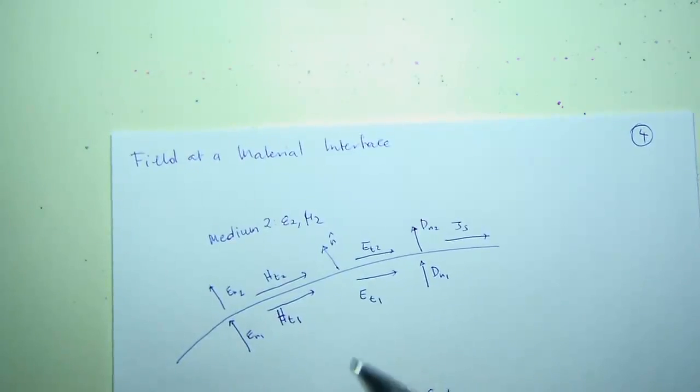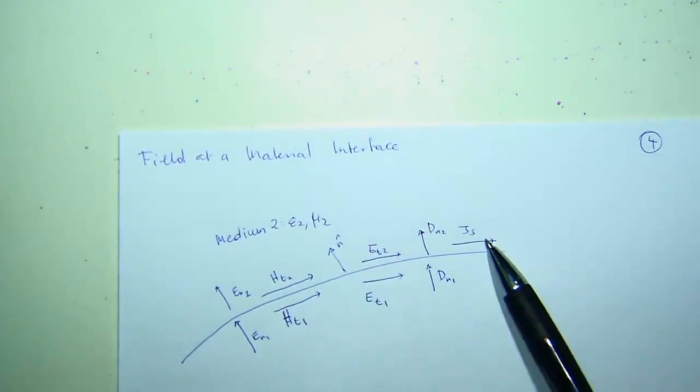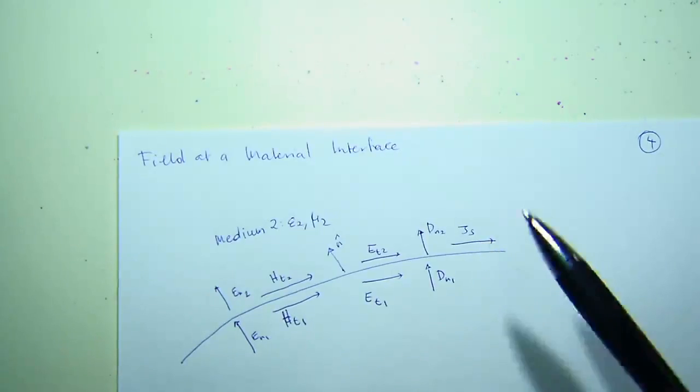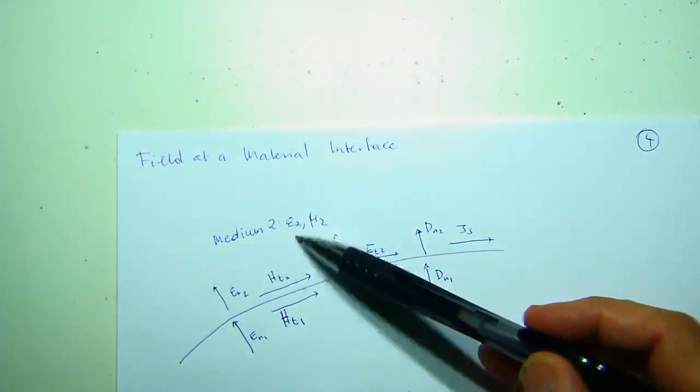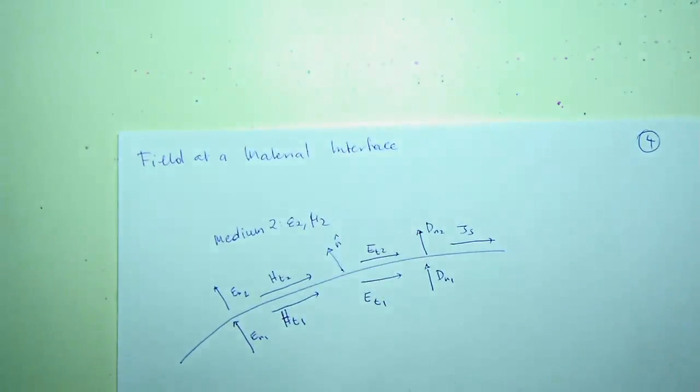And here I've drawn an arbitrary material interface. Material 2 has a permittivity of E2 and permeability of mu2; medium 1 has a permittivity of E1 and a permeability of mu1.